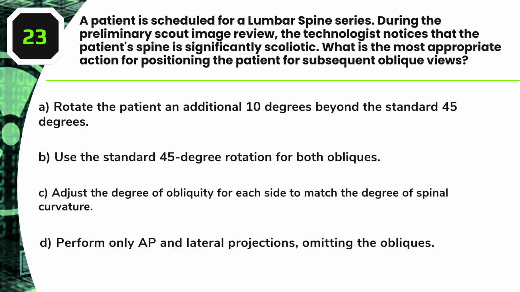A. Rotate the patient an additional 10 degrees beyond the standard 45 degrees. B. Use the standard 45-degree rotation for both obliques. C. Adjust the degree of obliquity for each side to match the degree of spinal curvature. D. Perform only AP and lateral projections, omitting the obliques.